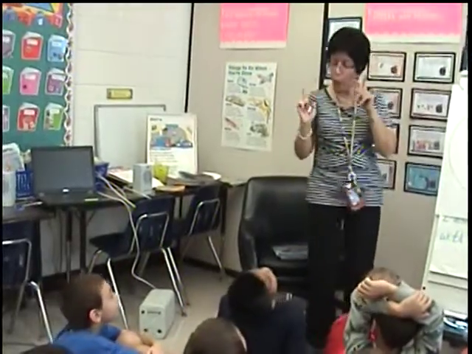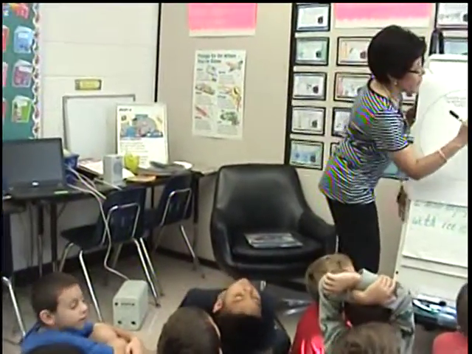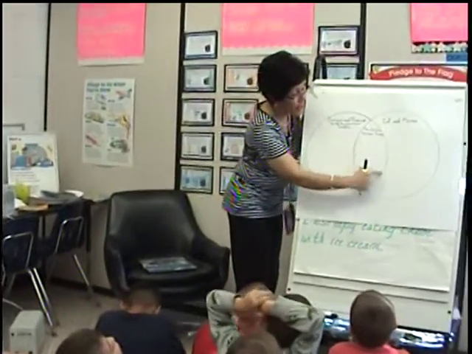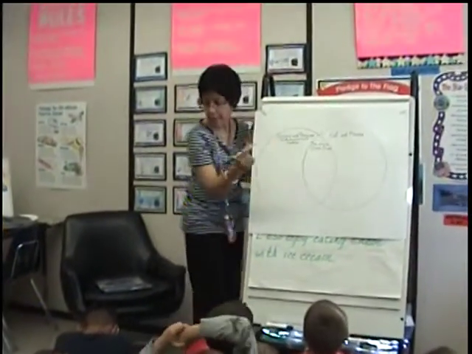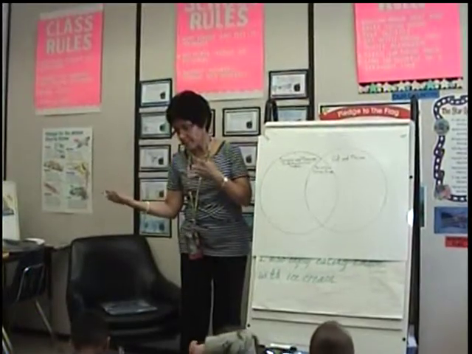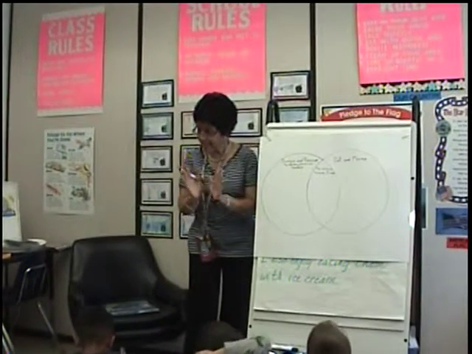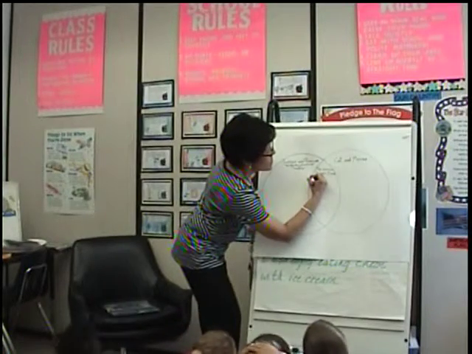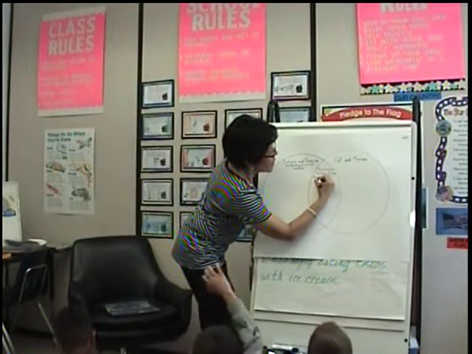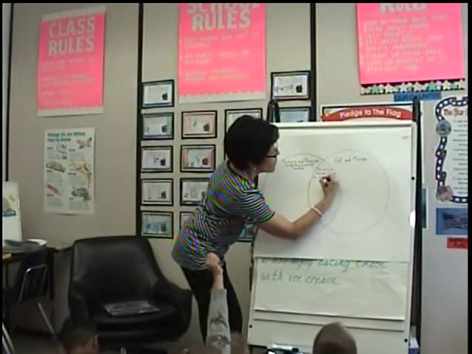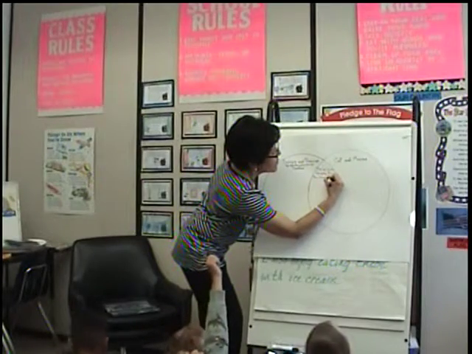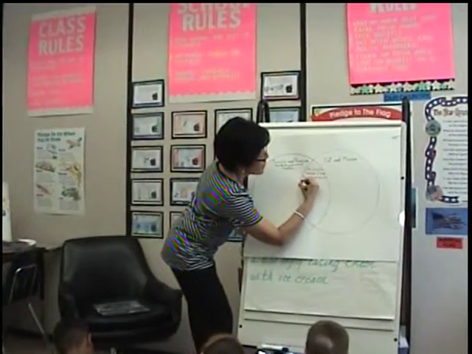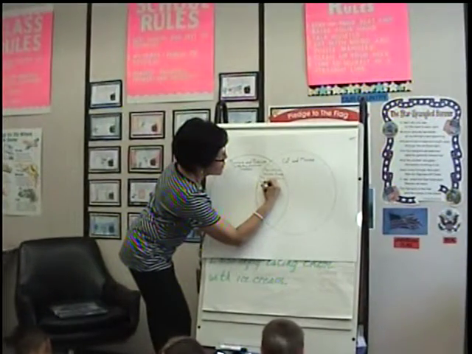Since we know the center belongs to both stories, I'm not going to repeat in both stories, right? We already know. So the characters are animals, okay? The characters are animals. Keep thinking.